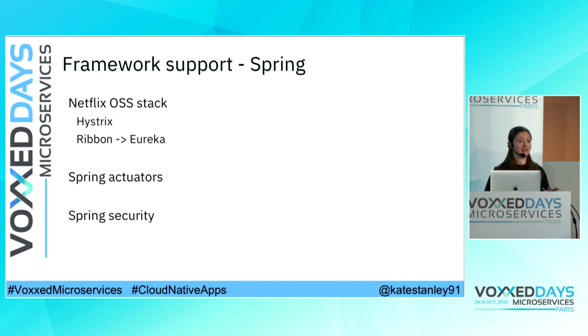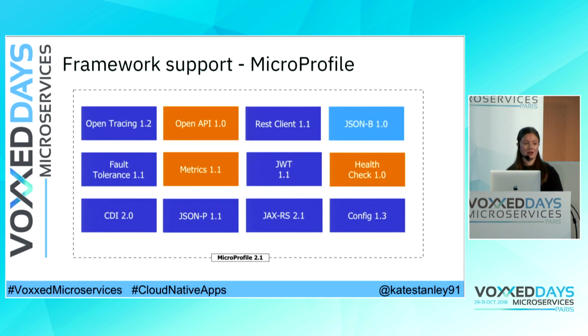And then, of course, hopefully some of you are aware we have MicroProfile. Hands up, who's heard of MicroProfile? Yes? No? Few people? So MicroProfile is a community-led initiative to bring in some of these and address some of these problems with microservices as part of what was Java EE, now Jakarta EE.